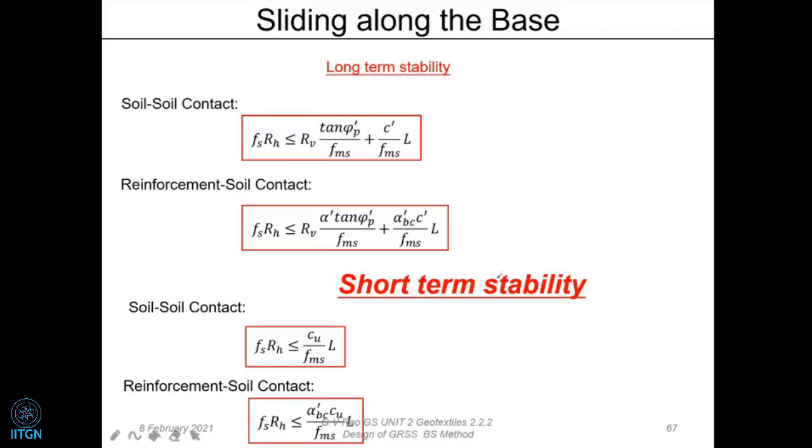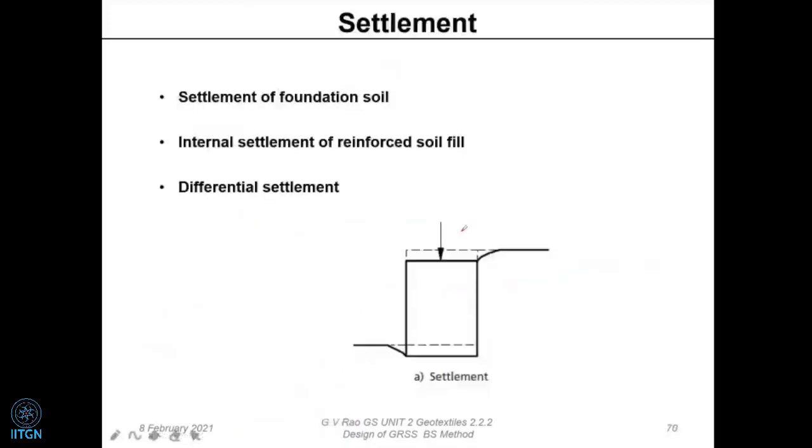If it is short-term stability and there is a little bit of clay, naturally we use the undrained strength, the undrained cohesion value, in both soil-to-soil contact and reinforcement-to-soil contact. We are not going to bother much about these values in short-term stability because we essentially have a sandy kind of soil. But anyway, the provision is there.